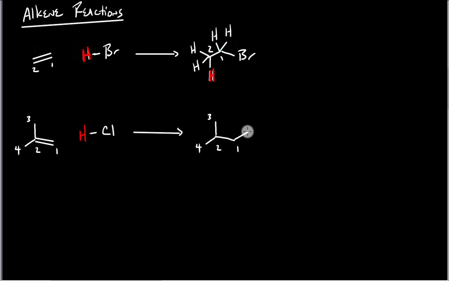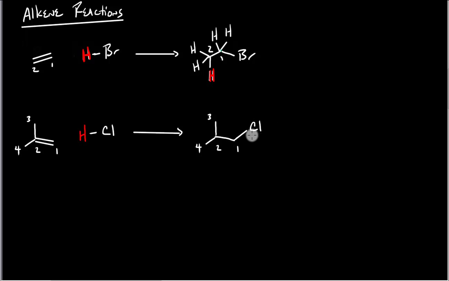And I'm just going to draw it like this. I could have added the chlorine up above, or I could have drawn it down low like this. It doesn't really matter so much, because this 1 to 2 carbon bond can rotate in free space. So not really worrying so much about that. As long as you have chlorine on carbon 1, that's what's really important.